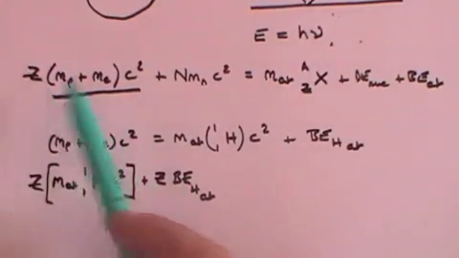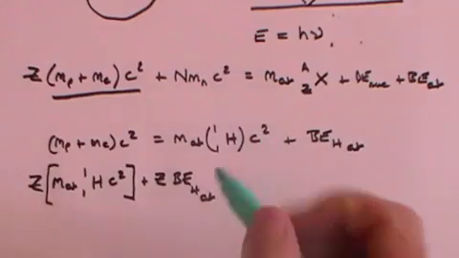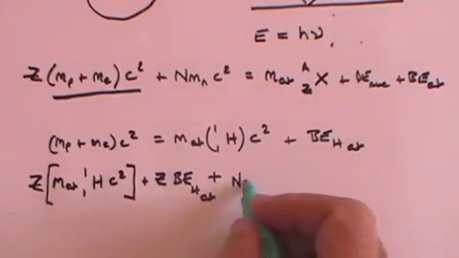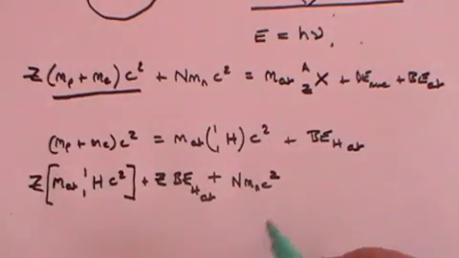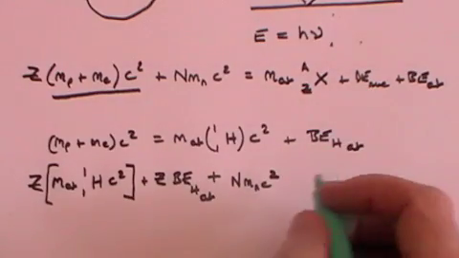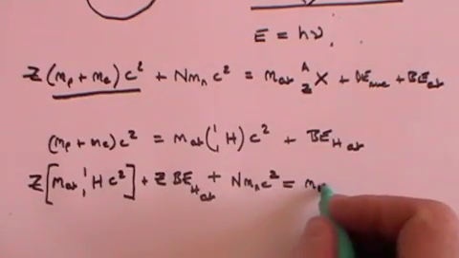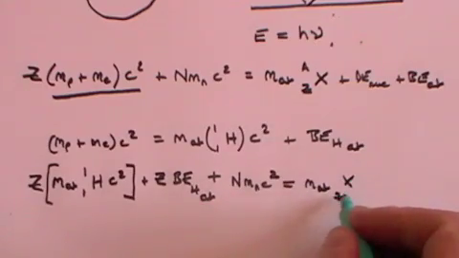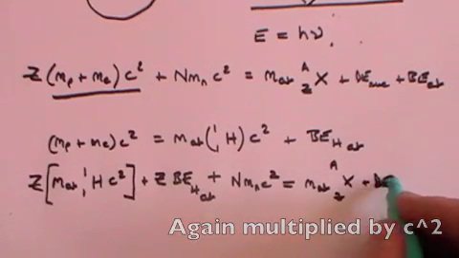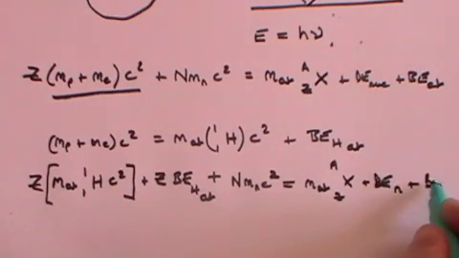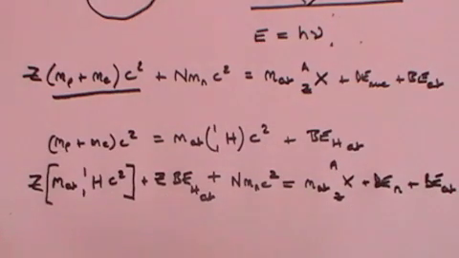That's that now rewritten in a different way. Then I've got to add my N c squared, the number of neutrons times the mass of a neutron times c squared, is equal to what we had before, the mass of the atomic A-X plus the binding energy of the nucleus plus the binding energy of the atom.